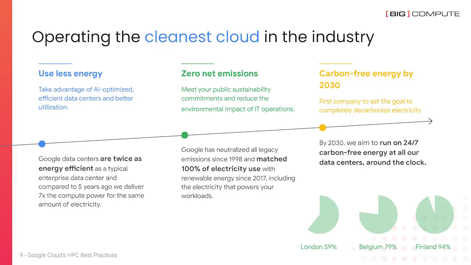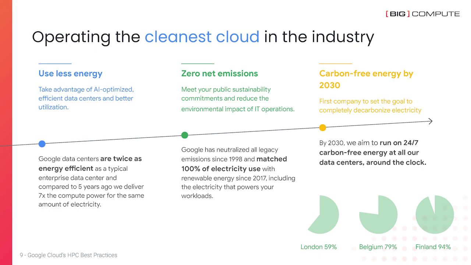Two ways to do that are, 1, to reduce the energy you use, and 2, make sure that more of that energy is produced from renewable sources. To reduce energy, we instrumented our data centers and used machine learning models to optimize cooling, with the result that a Google data center uses half the energy of a typical data center. For renewables, we work closely with power companies to understand the renewables mix in the energy grids where our data centers reside.